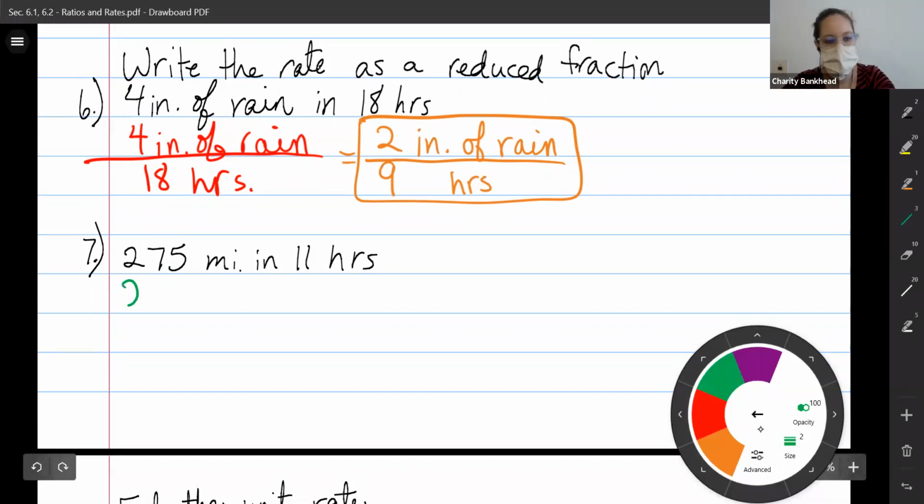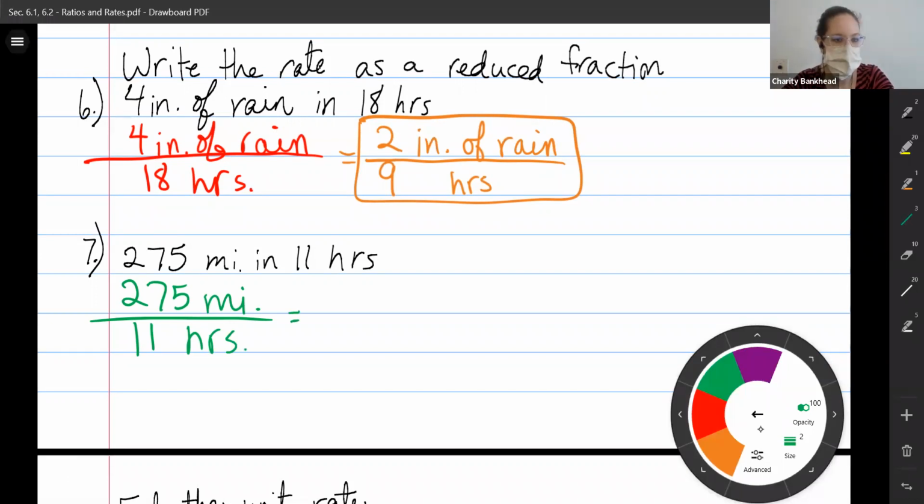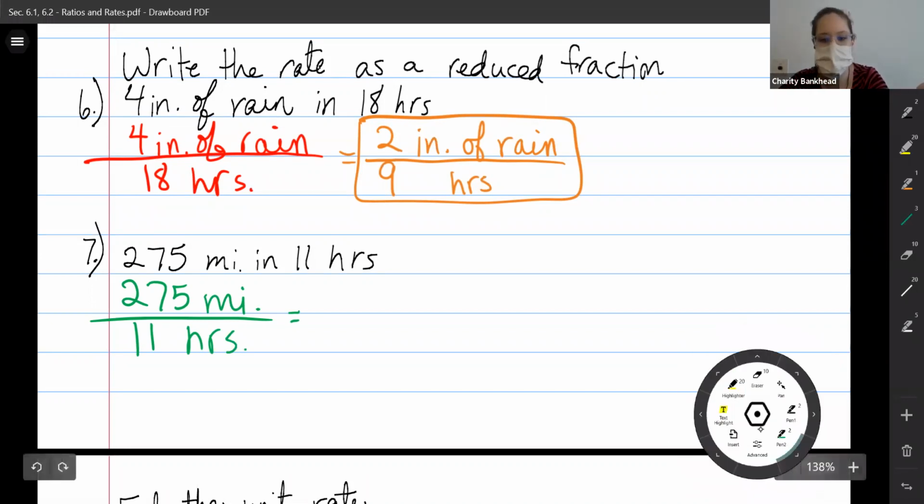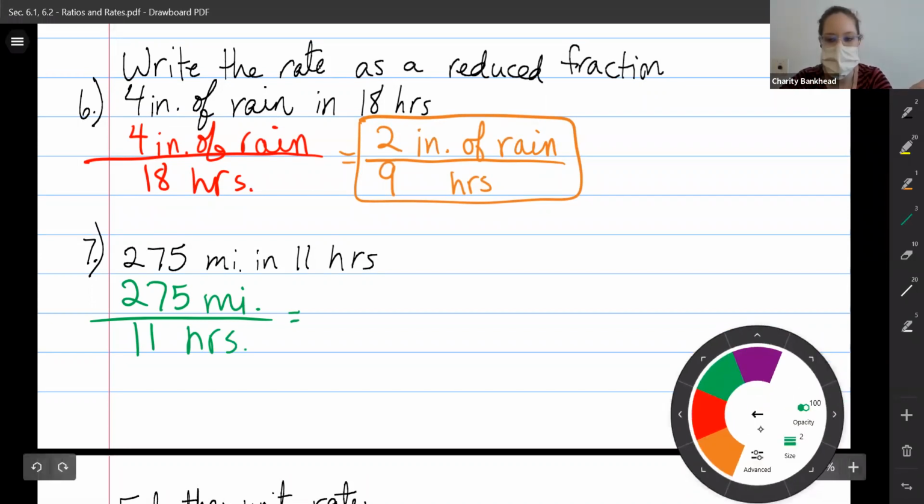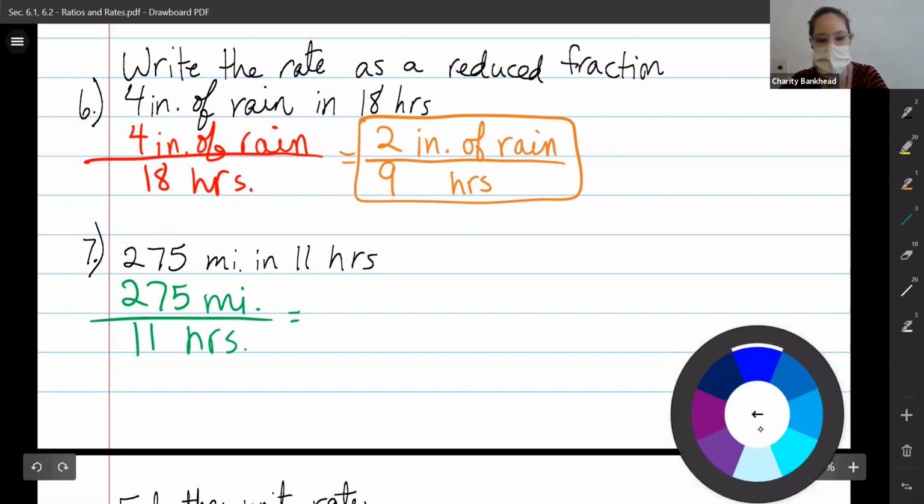All right, 275 miles in 11 hours. And let's see, does 11 go into 275? Because nothing else goes into 11, so that's the only way it would be reducible.